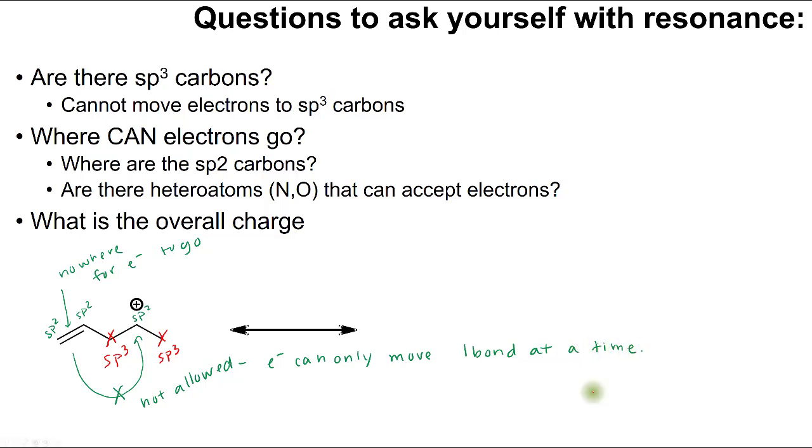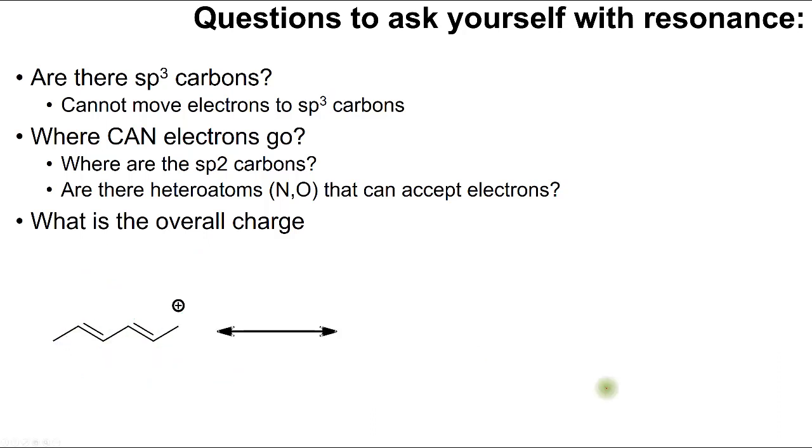So there are no resonance structures possible for this structure. That sp3 carbon in the middle breaks up the conjugation, so we can't move the electrons any further than where they are at.